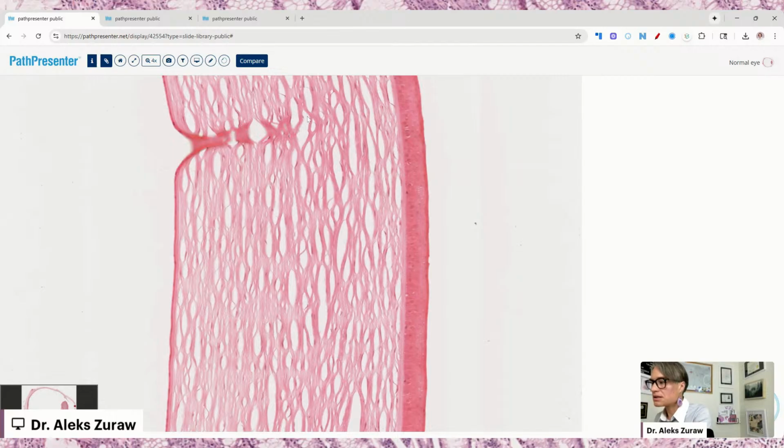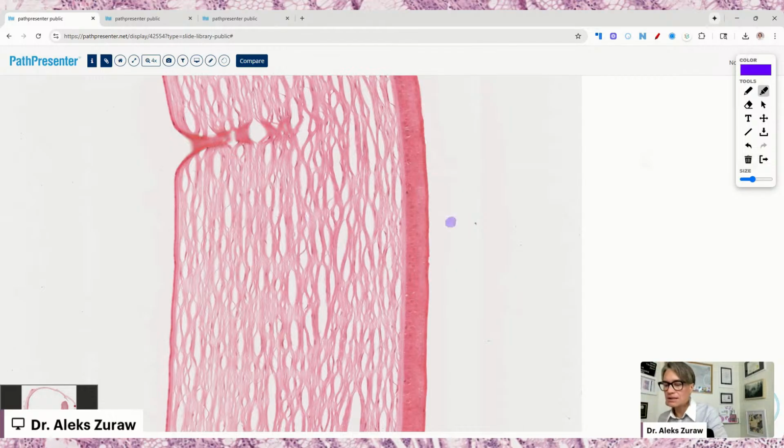I need better annotation tools, guys. I'm going to change the color and just make dots. Dot, dot, and dot, more or less.